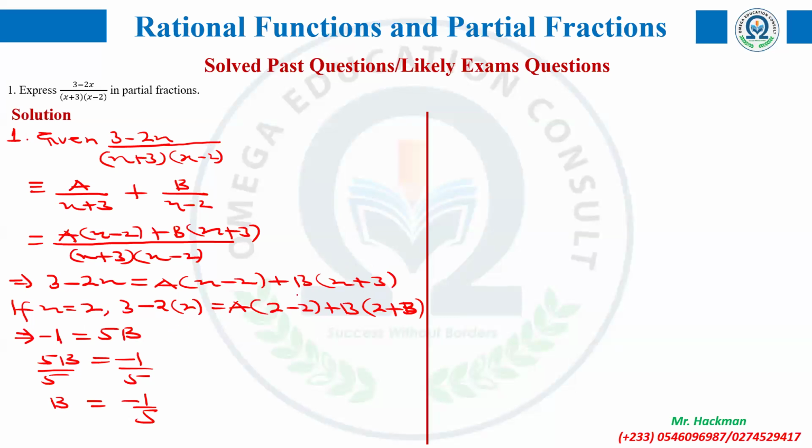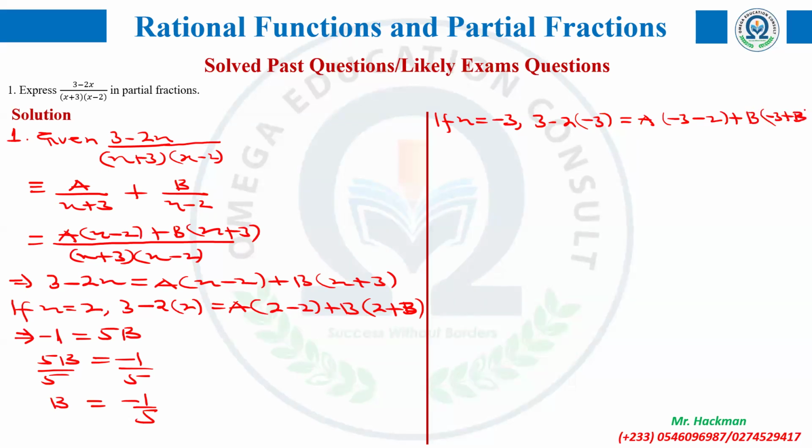In that case, I have to cover up this, so x will be equal to minus 3. So if x is equal to minus 3, what do I get? I am going to get 3 minus 2 into minus 3 should be equal to, so I substitute here, a into minus 3 minus 2, then plus b into minus 3 plus 3.